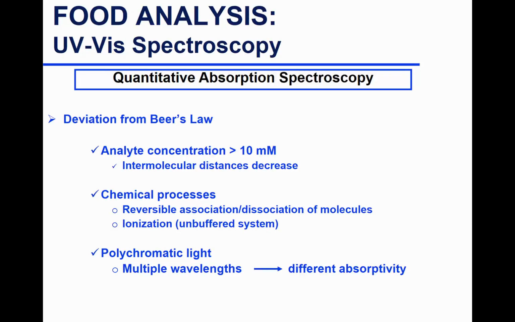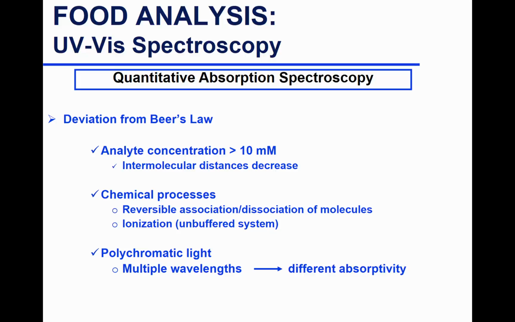There are instances where there is deviation from Beer's law. We cannot always apply Beer's law, which is A equals abc, unless we make sure that we are within the parameters that allow the law to apply. That's why it's very important to measure in the linear range.